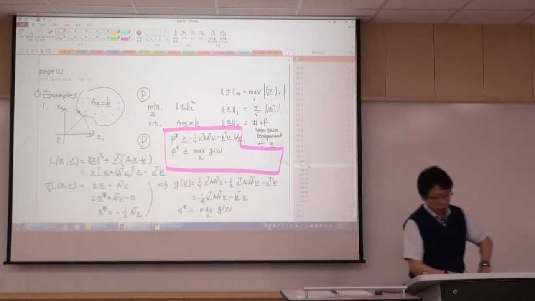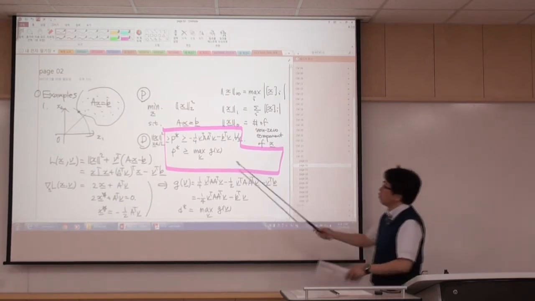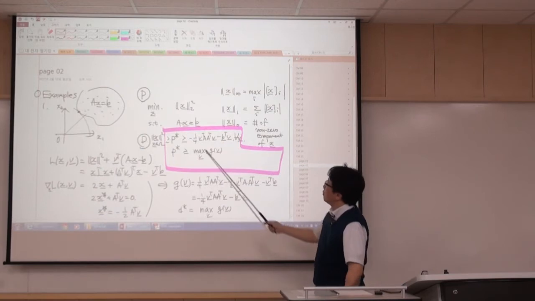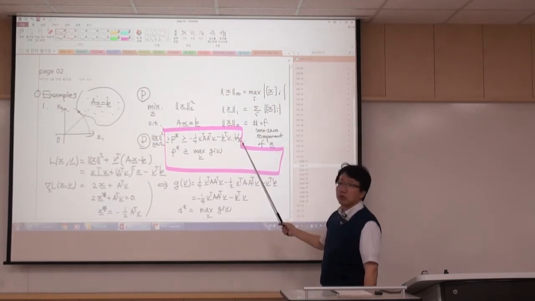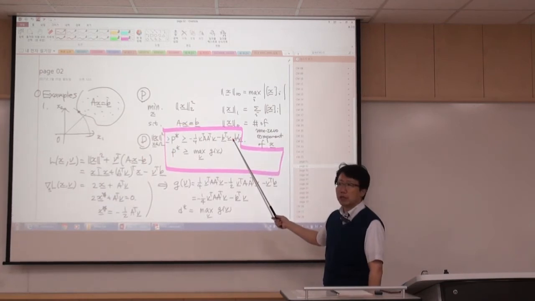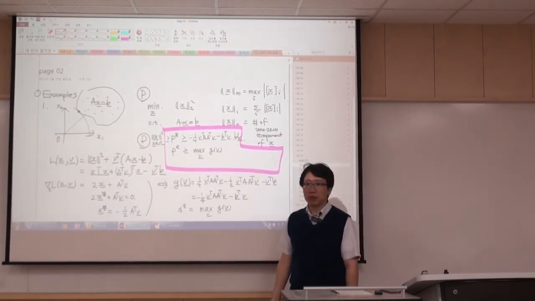So if you choose an arbitrary feasible x, then you have this one, right? Now, somehow you evaluate this one as some nu, and if they are the same, then what can you say? That feasible x is optimal.